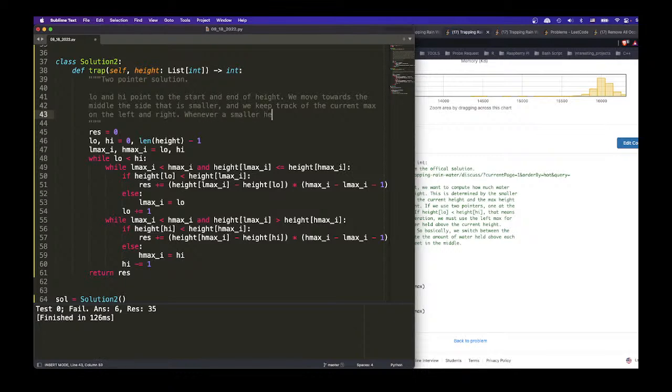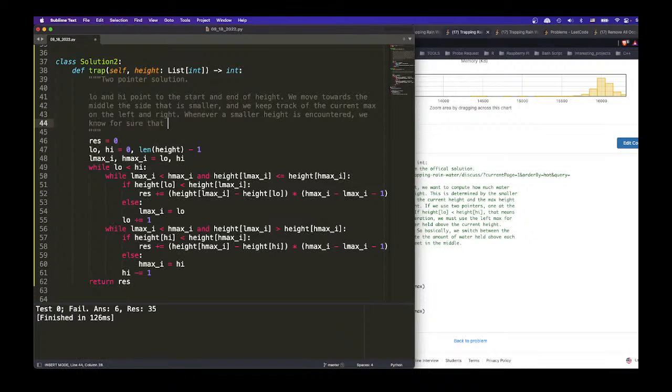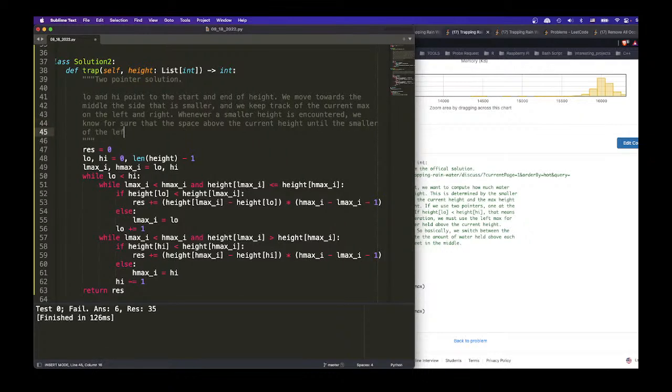Whenever a smaller height is encountered, we know for sure that the space above the current height until the smaller of the left and right max must be able to be filled by water.